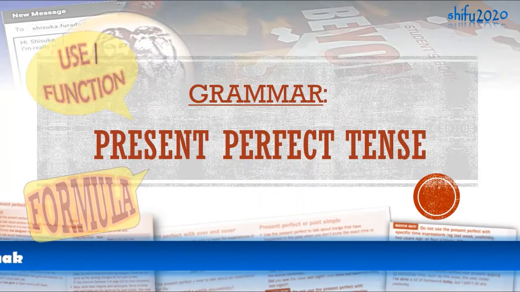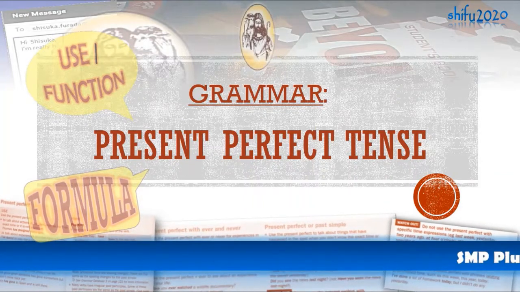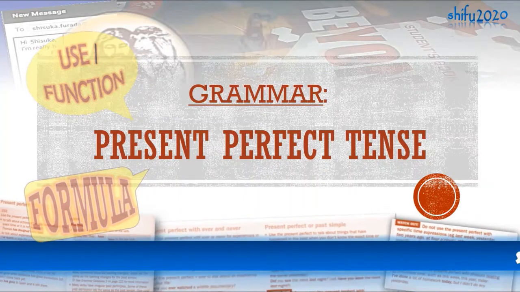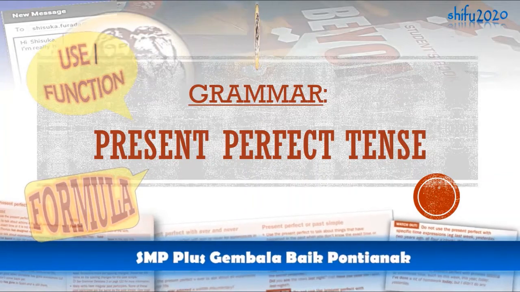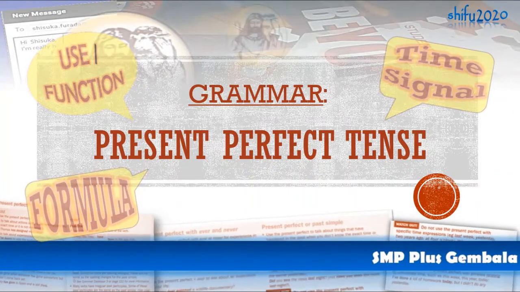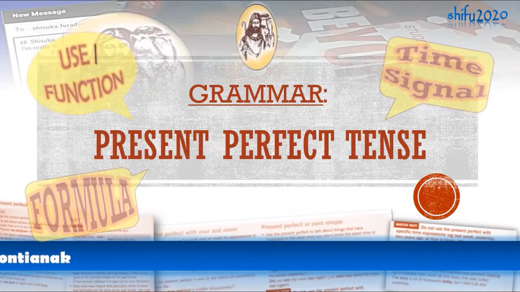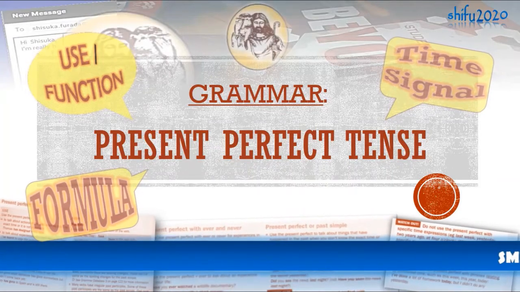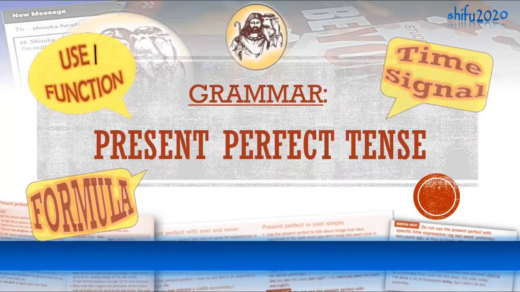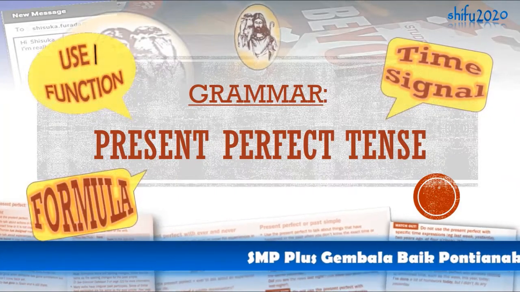As we know, basically there are two kinds of formula: the verbal and non-verbal, with verb and without verb. After talking about the formula, we are going to discuss the time signals used in present perfect tense. This is important because the time signals indicate mostly the difference between the present perfect tense and the simple past tense.